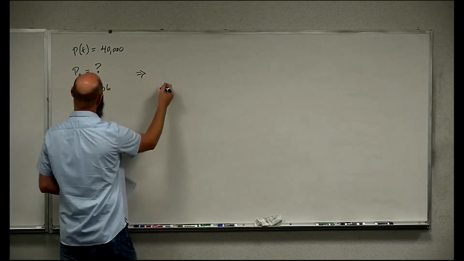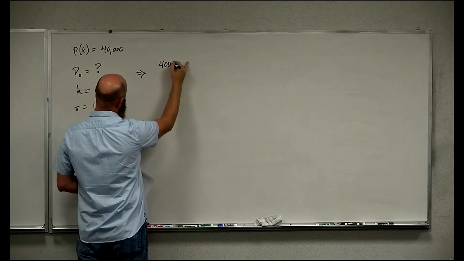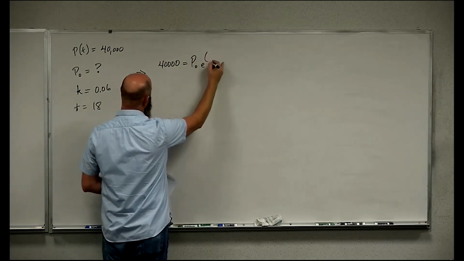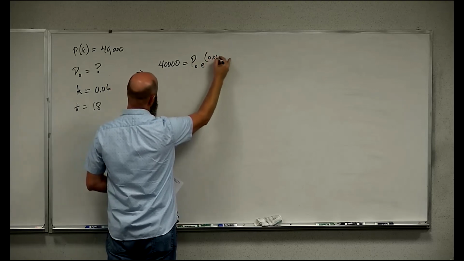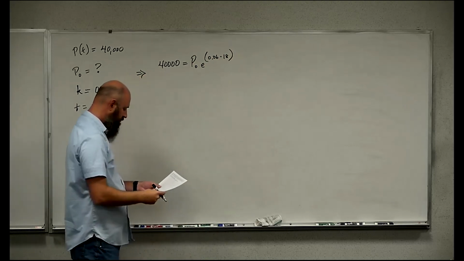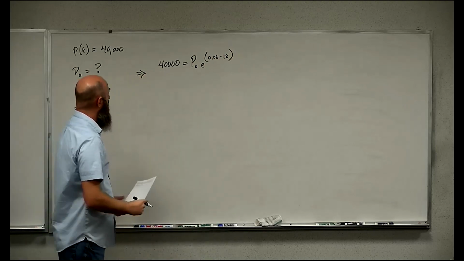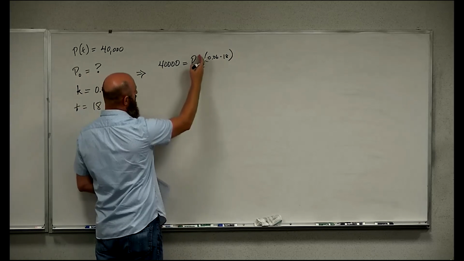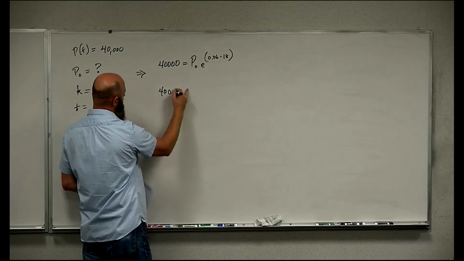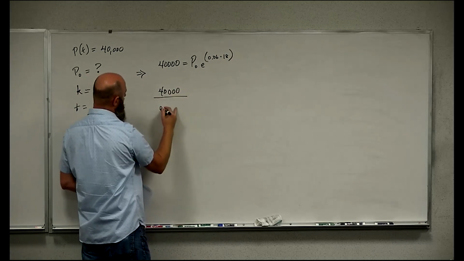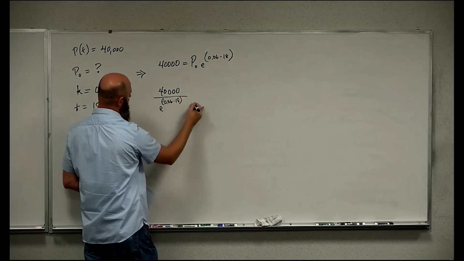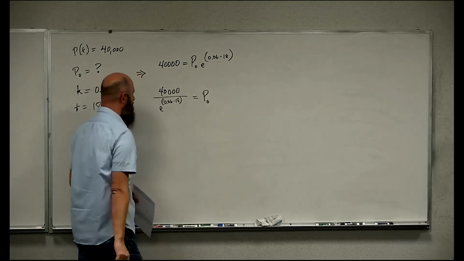So I have 40,000 equals P sub 0 e to the 0.06 times 18. Because what we're looking for is just being multiplied by something, we just need to divide. It's 40,000 divided by e to the 0.06 times 18 equals P sub 0.